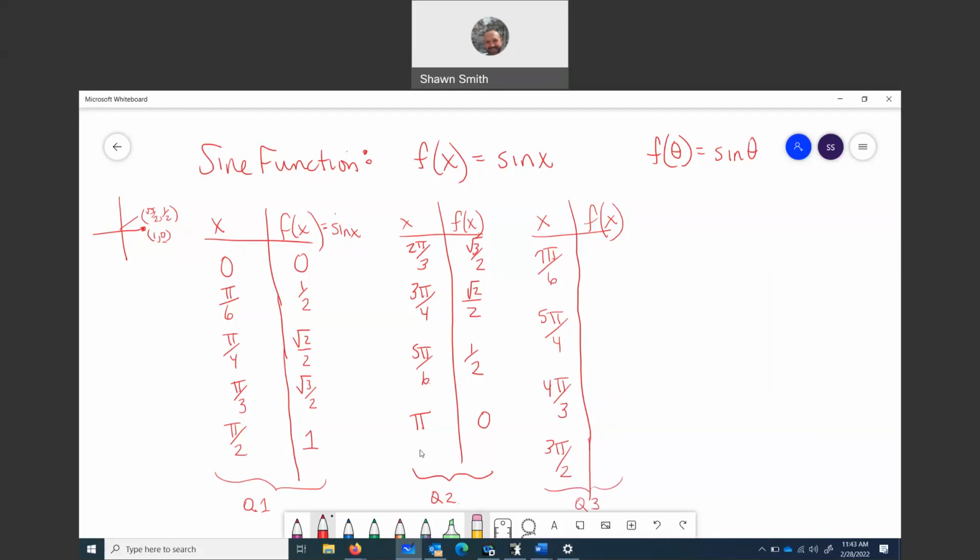It's always going to be these same exact values, but just now we're in quadrant 3. Everything will be negative, those values. So sine of 7 pi over 6, reference angle is 1/2, but now we take the negative. Square root of 2 over 2, negative. Square root of 3 over 2, negative. And then 3 pi over 2 is one of your quadrantals, so what is the y coordinate? -1, right?